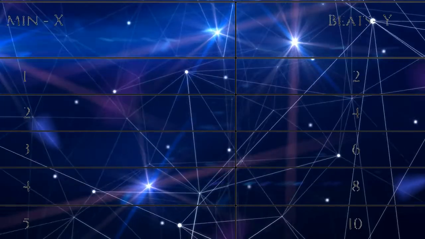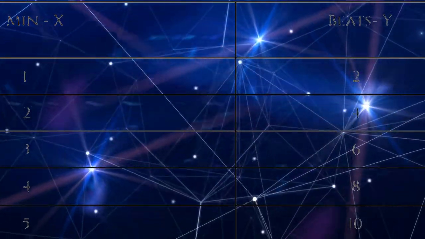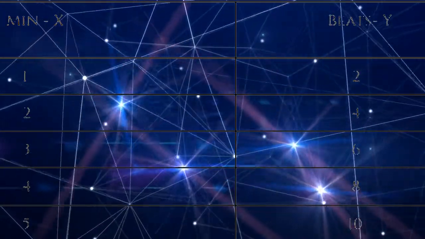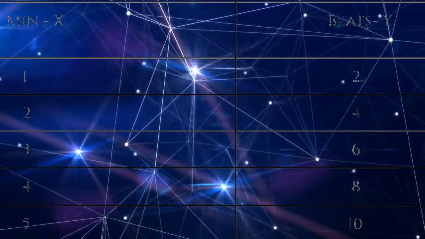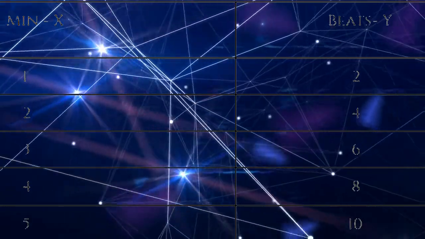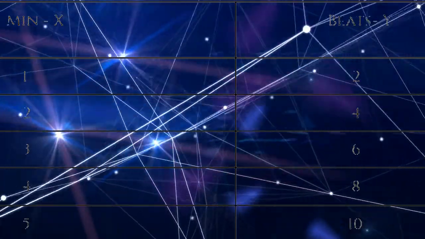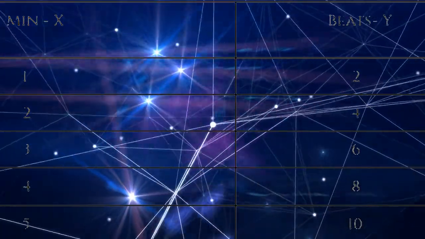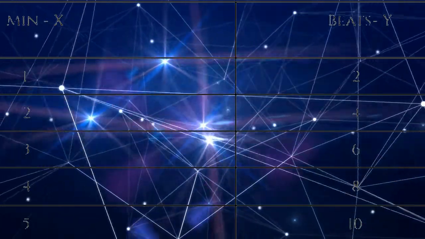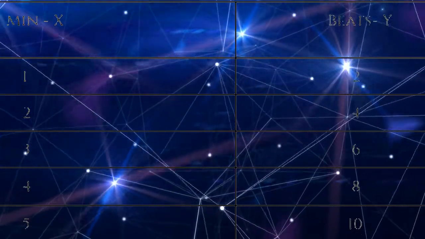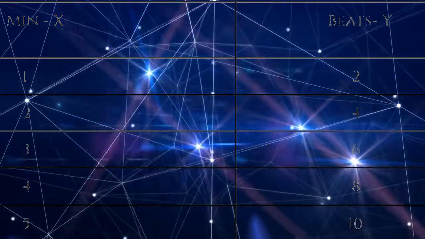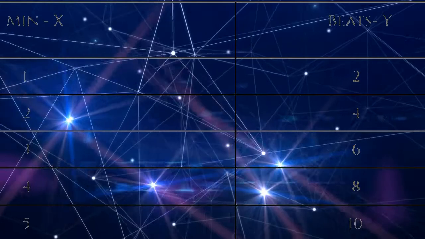You go from 2 to 4, 4 to 6 for beats, and that's a plus 2. So 2 goes on the top for your rise. Then you go to your x's for your minutes, and it goes from 1 to 2, 2 to 3, and that's a plus 1. So 1 would be on the bottom, and then it would be 2 over 1 for your rate of change.